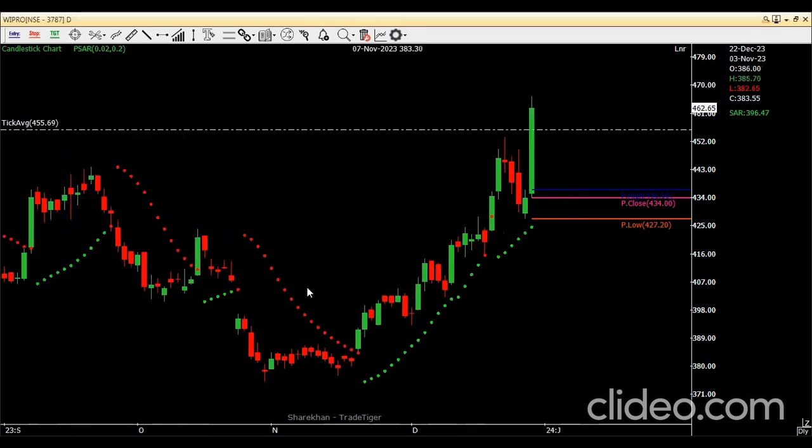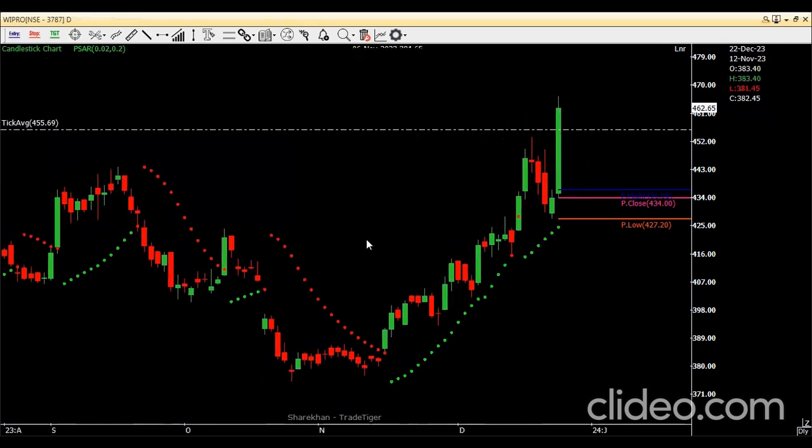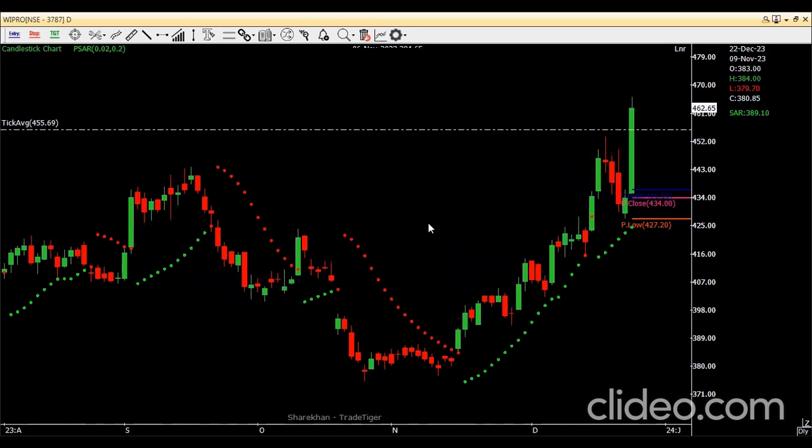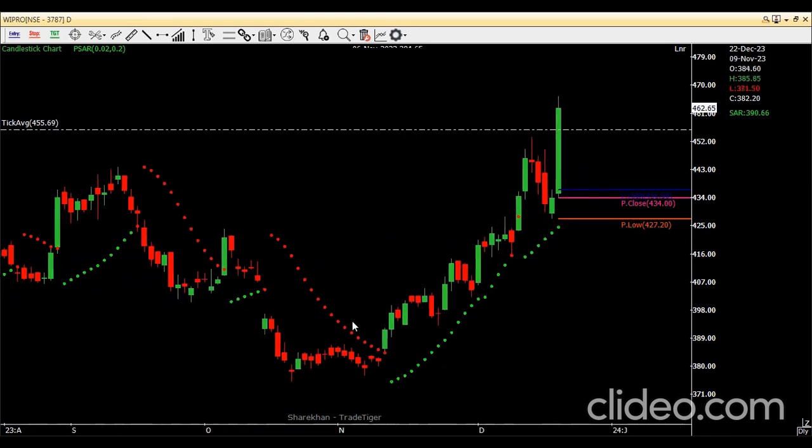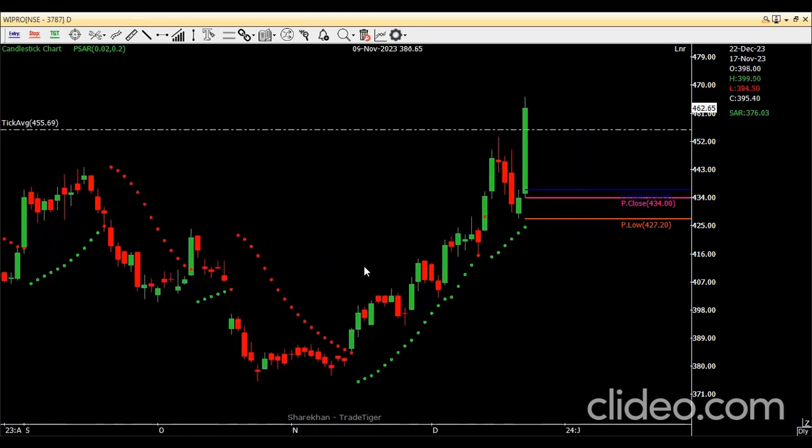So as you can see in the screen, this is parabolic SAR and a very good indicator. Okay, very good indicator. So simple, so easy to use. Just need to plot on the chart. As you can see, this is the dotted line.